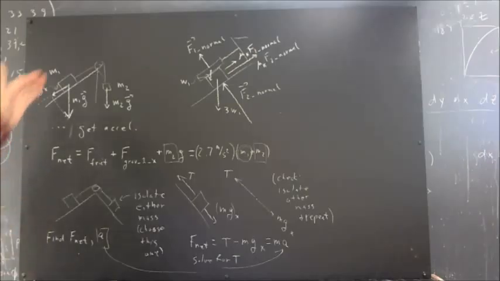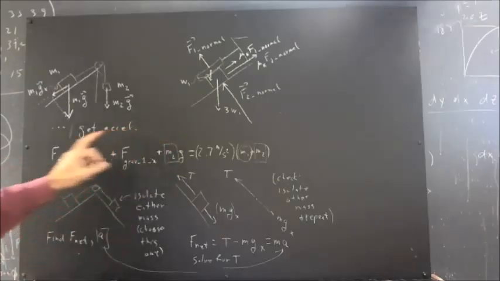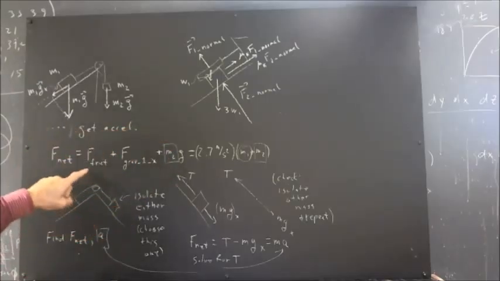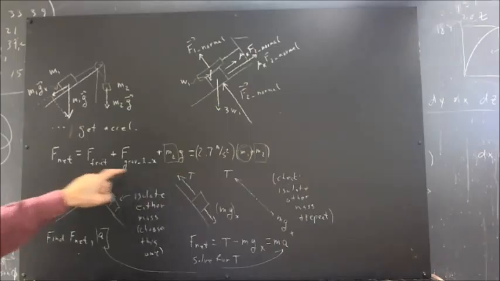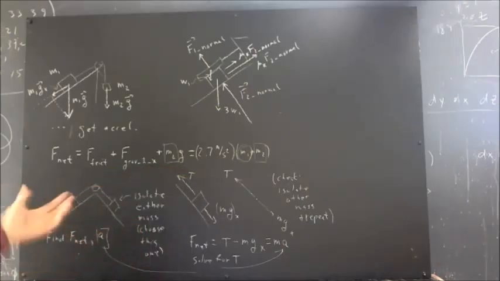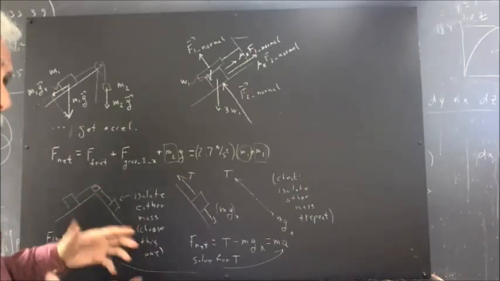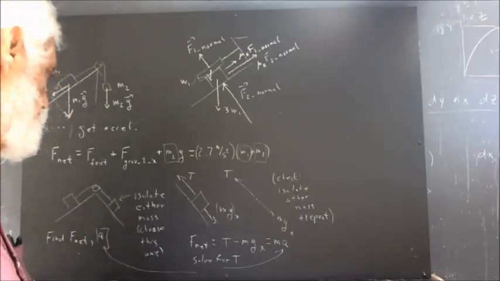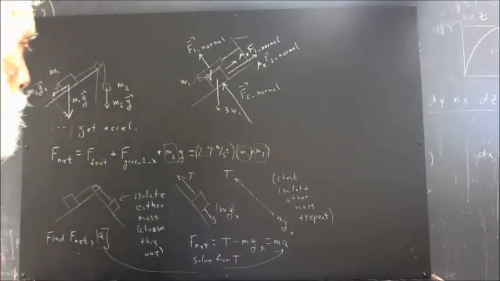Now, all the acceleration can be considered to be in one dimension, so I haven't put arrows over these, but rather than arrows, we're going to use plus and minus signs for these forces. Or you could use arrows if you want to. It's still going to result in plus and minus signs.